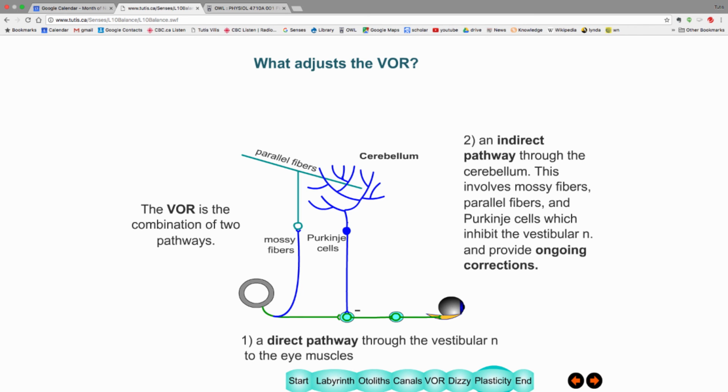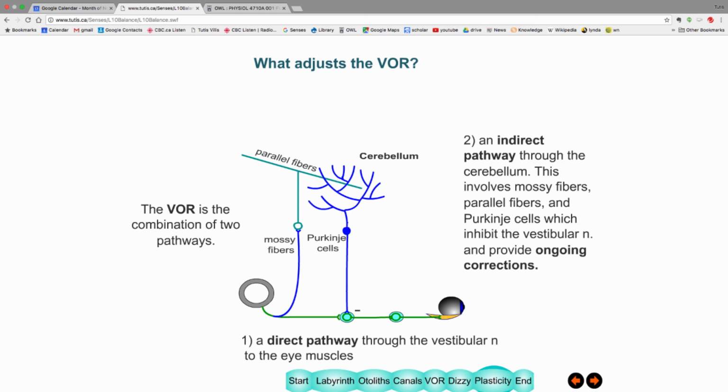Now, what tunes it is another pathway through a structure called the cerebellum, which is just below the cortex at the back of the head. Okay, and that structure provides another pathway in addition to the VOR.